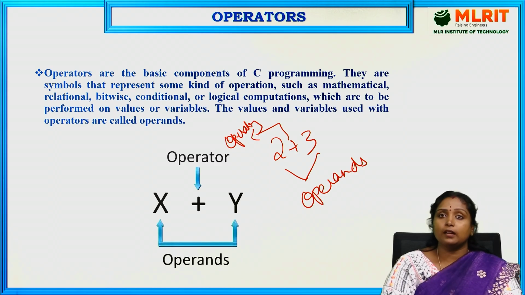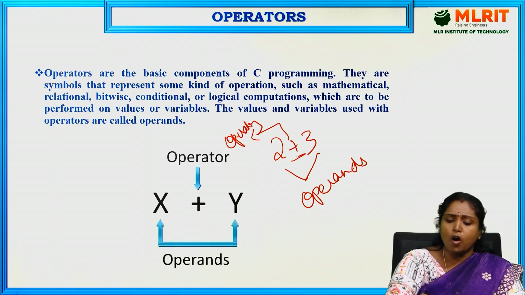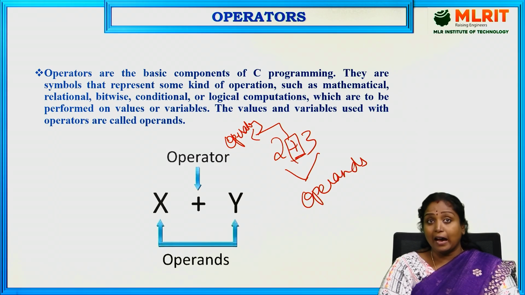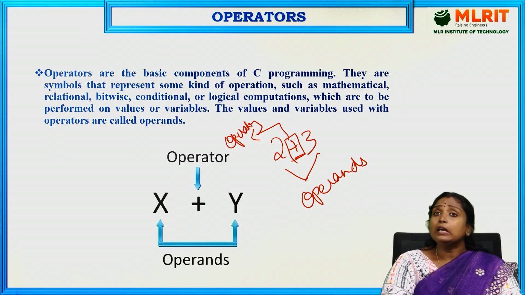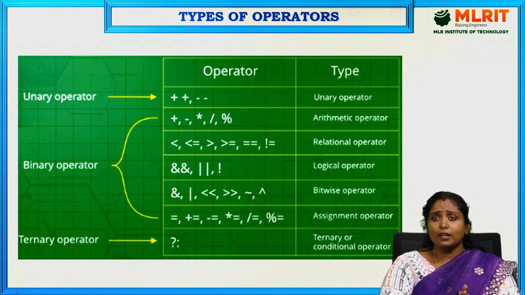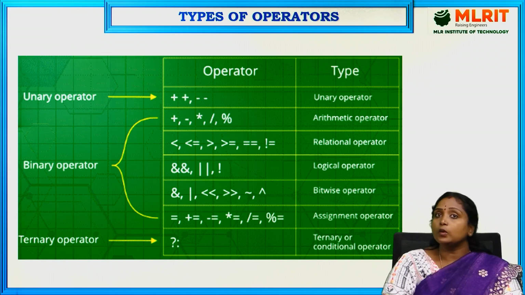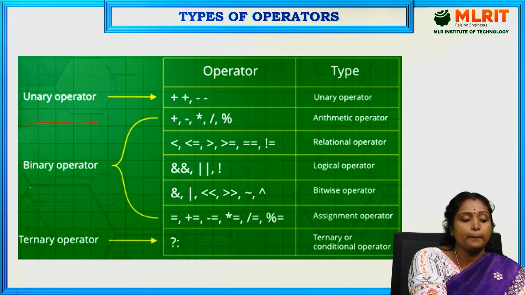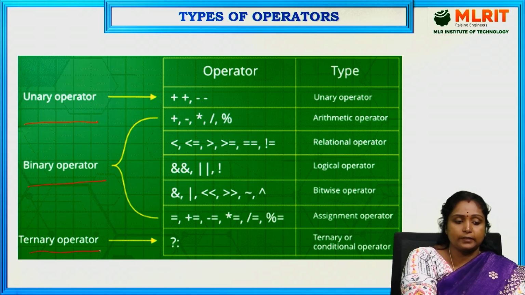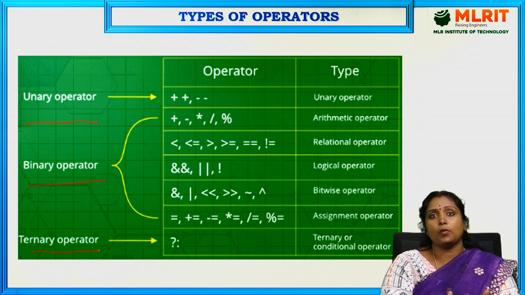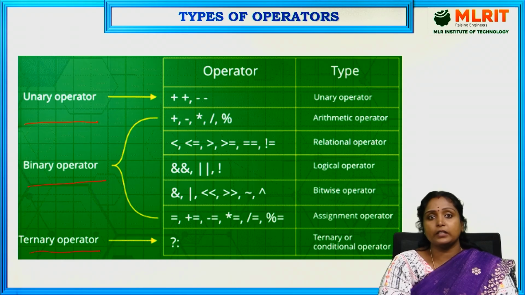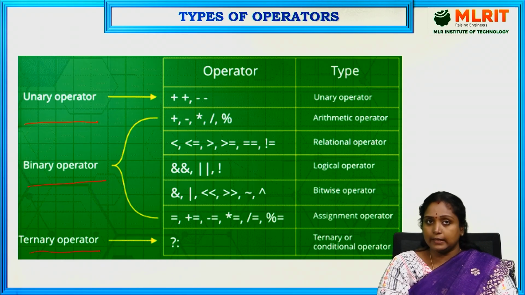In this session, we are going to see what types of operators are there in C. C is very rich in operators. Coming to the types of operators, there are 3 types: unary operators, binary operators, and ternary operators.